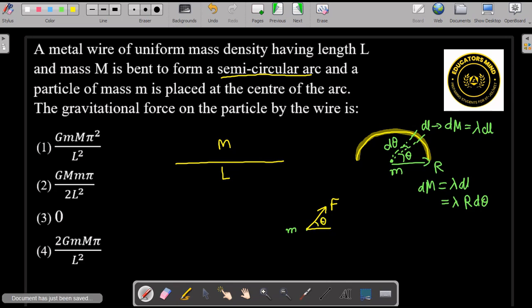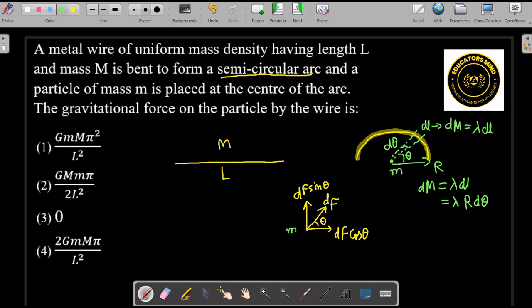This angle is theta, so we can resolve this force into two components, and this force is a small force, so dF we will write, so dF cos theta and dF sin theta, right? So when you resolve this force for each such element, then you have to add, that means integrate it.